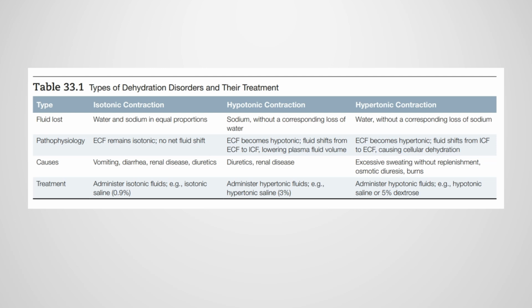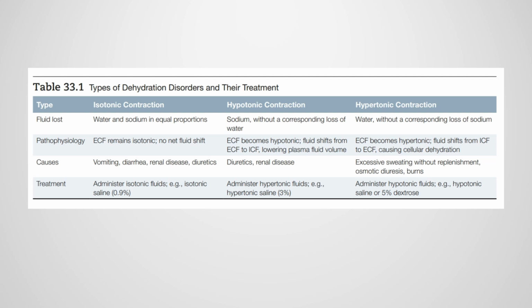Okay, so what causes you to lose water much faster than salt? A good example of this would be excessive sweating. Okay, so you're losing tremendous amounts of fluid when you're sweating. Another one is an osmotic diuresis.